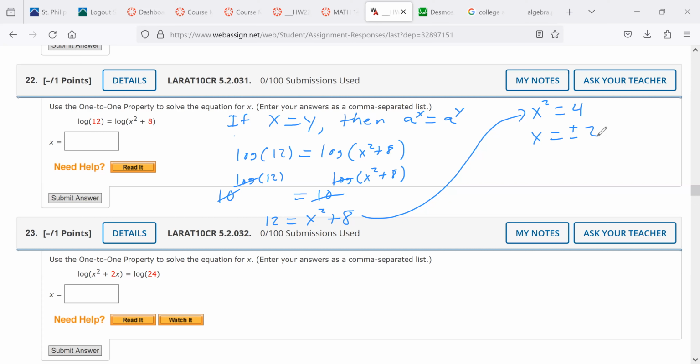Once you solve for x, though, you should test both and plug them into your equation for all x's and see if you get equality.